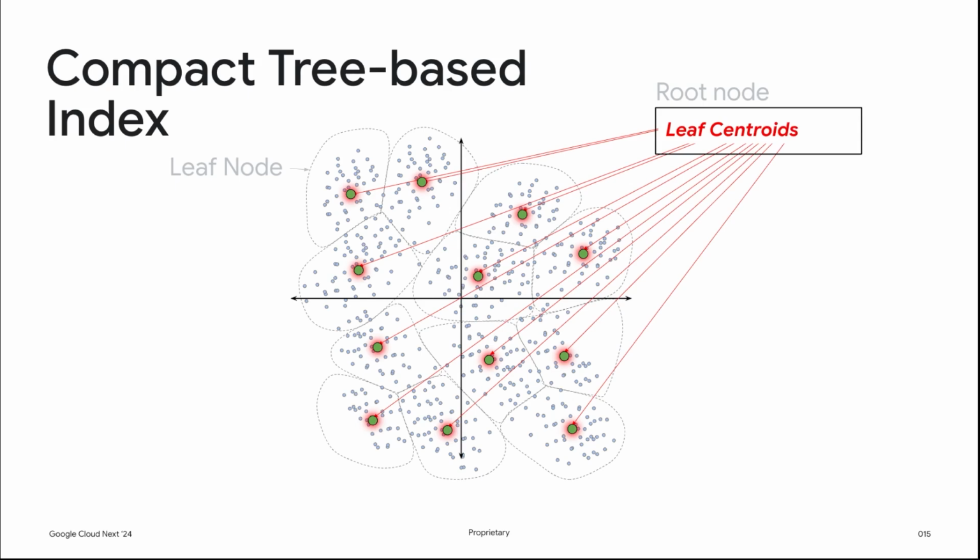All right. So scan is a compact tree-based index. It can have multiple levels, but here, for the obvious presentation simplicity reasons, I'm gonna be displaying only a two-level index. So on this two-level index that we see here on the screen, each leaf node contains a subset of vectors that are near each other, and each leaf node has a so-called centroid vector that is conceptually at the center of the vectors of this node.